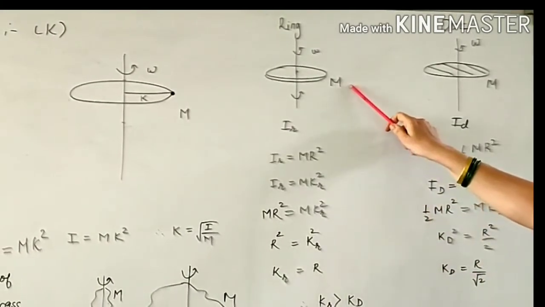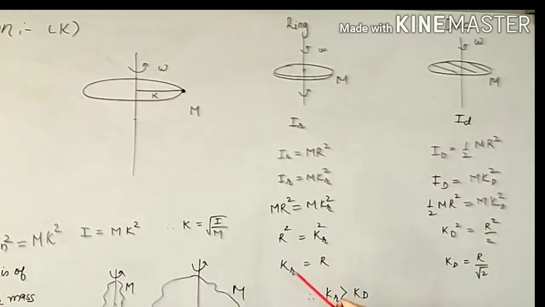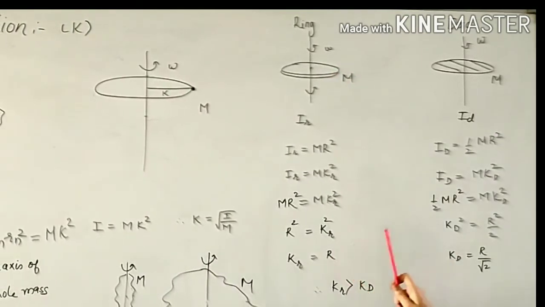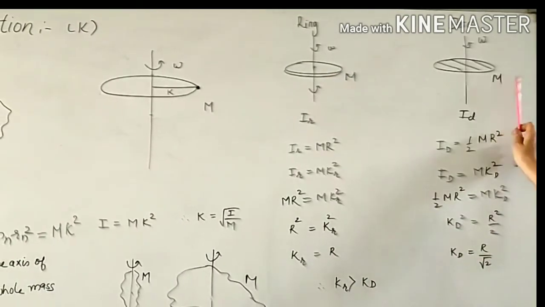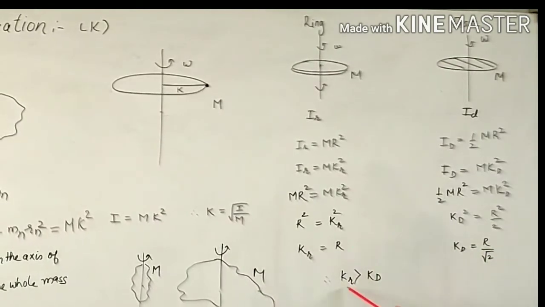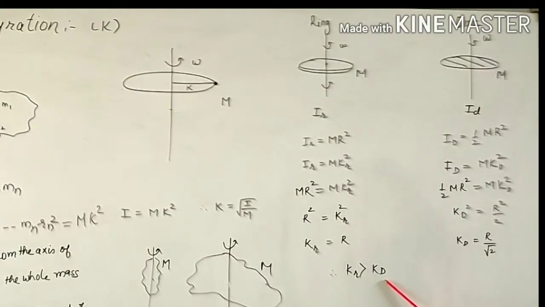When the ring and the disc are both of the same mass, the radius of gyration of the ring is r, and the radius of gyration of the disc is r by root 2. That is, the radius of gyration of the ring is greater than the radius of gyration of the disc.